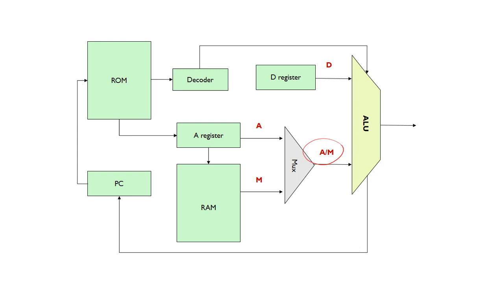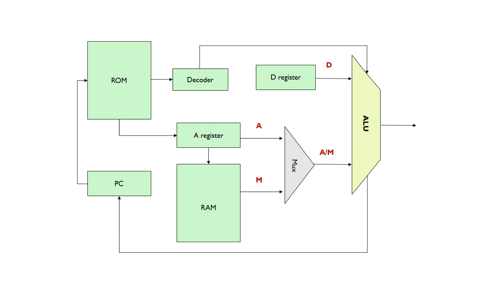Depending on the status of this multiplexer, either the A register or the memory value will be fed into the ALU. If we are reading data from memory, remember that the address is stored in the A register, and when we read from RAM, whichever address is stored in there is the slot we read from.